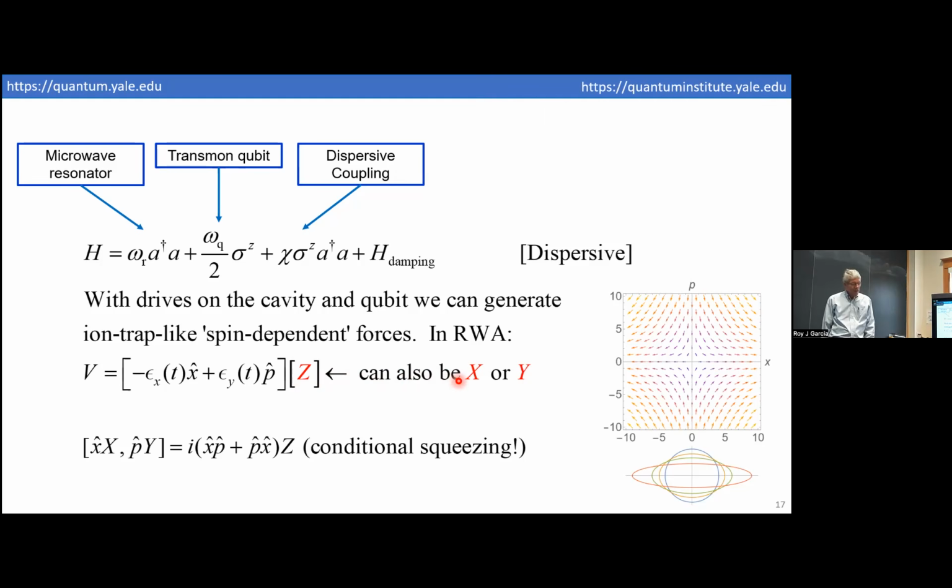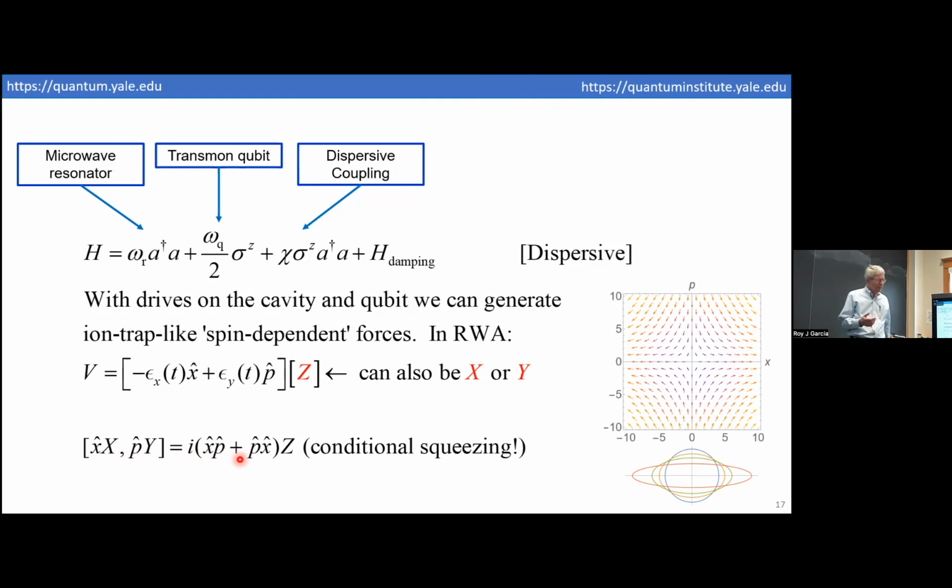Okay. So now I have a richer algebraic structure because X and Y don't commute, although their commutator is a c-number, but now we also have the Pauli matrices. And so if I were to take little x, the position of the oscillator, coupled to big X, the Pauli matrix, its commutator with P coupled to Y is our friend, the squeezing Hamiltonian, multiplied by Z. Okay, so it's a conditional squeezing.